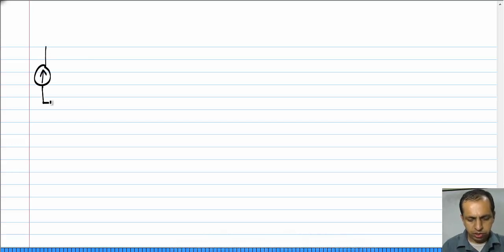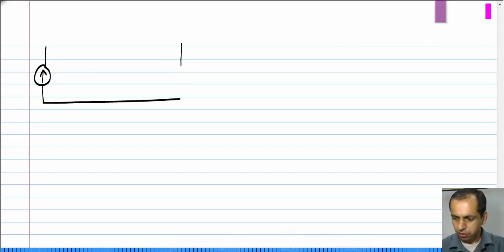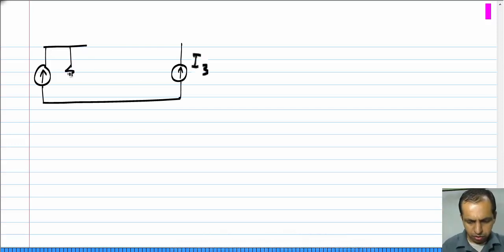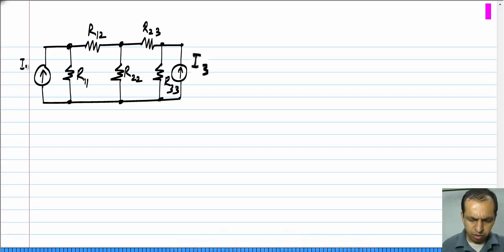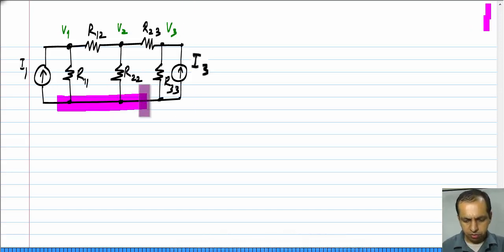So, let me redraw the circuit I had. We define V1, V2 and V3 with respect to the reference node, which is this.